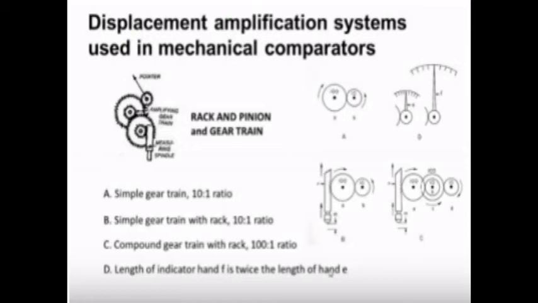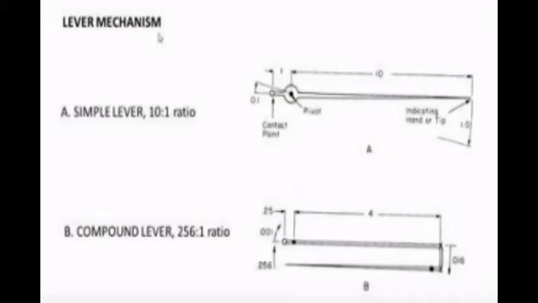Now another amplification mechanism is the lever mechanism. This is a simple lever with a 10 to 1 ratio. We can see here the contact point, and the pivot. The distance between the contact point and pivot is 1 mm here, 1 unit, and the distance between the pivot and the tip of the pointer is 10.